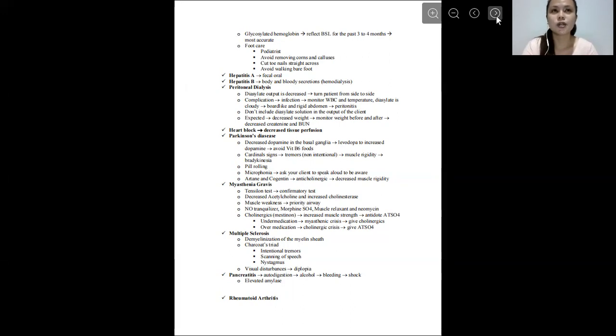Individuals who work in hemodialysis are prone to acquiring hepatitis B, because in hemodialysis you are filtering the toxins from the blood circulation, so they are more prone. That's for diabetes mellitus, and hepatitis A and B.